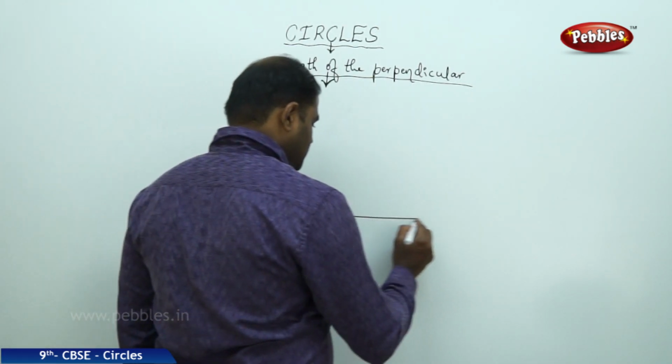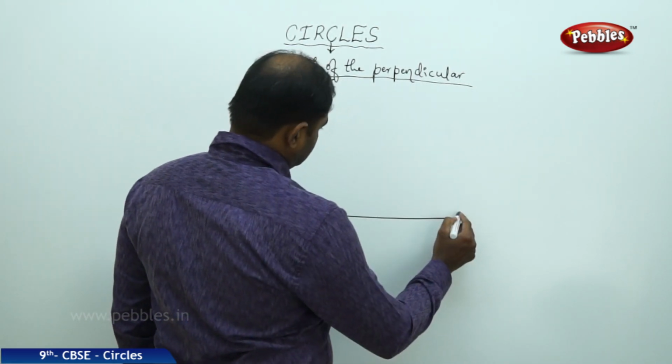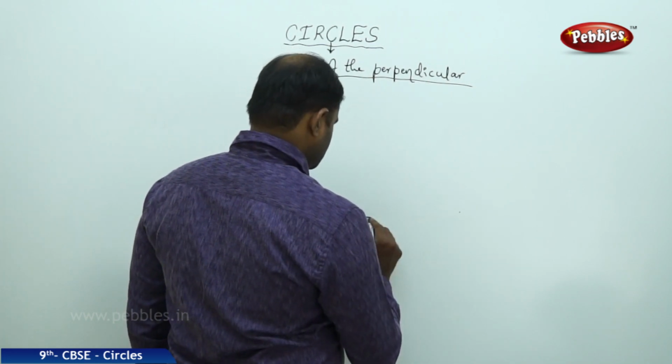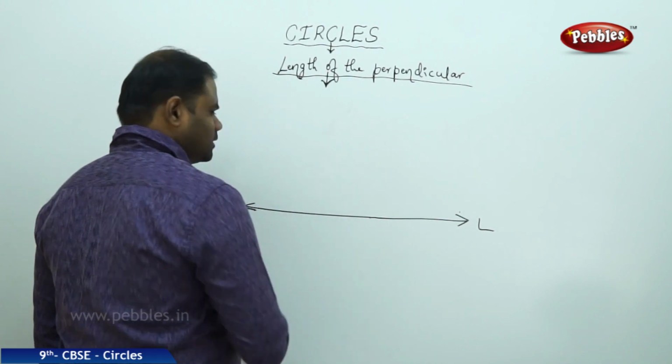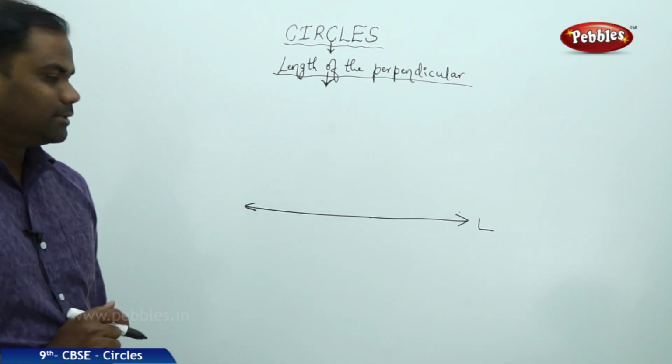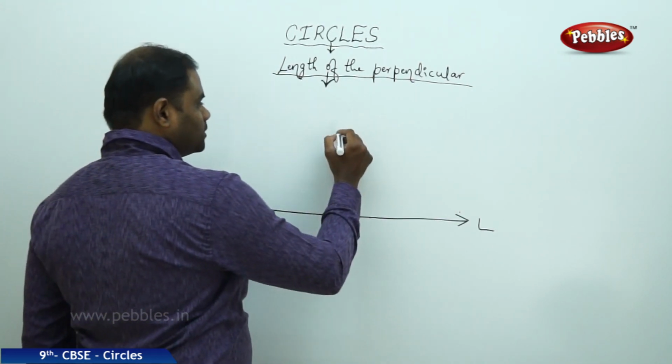Imagine I take a line L. Here is a line L, and then I have a point P out here.